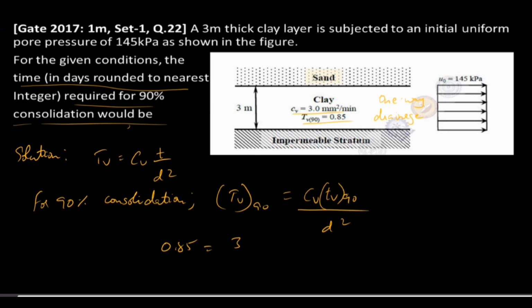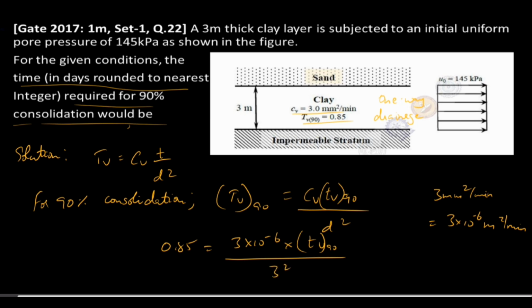Converting to meters, that is 3 into 10 power minus 6 meter square per minute, into TV90 divided by D square, which is 3 square.